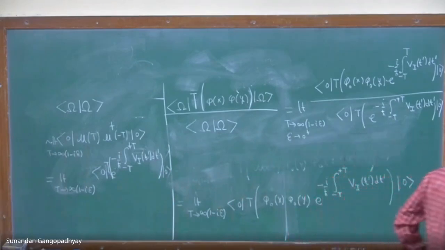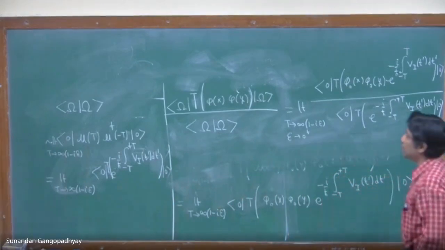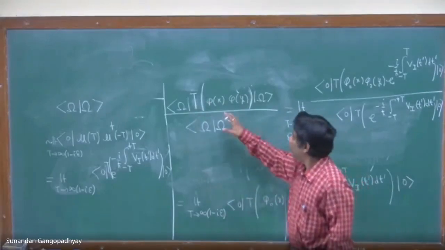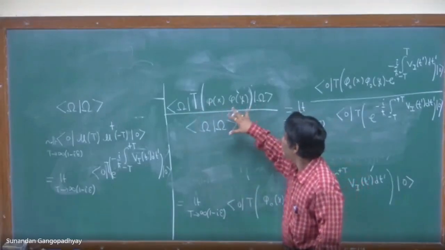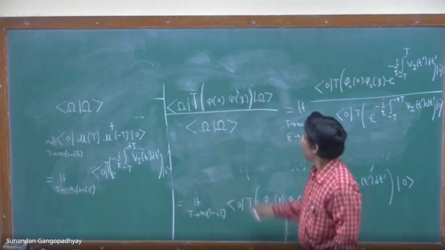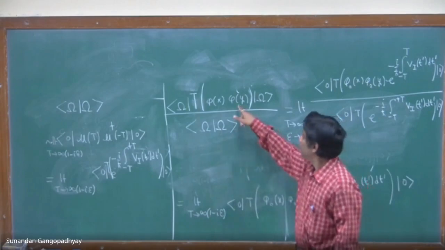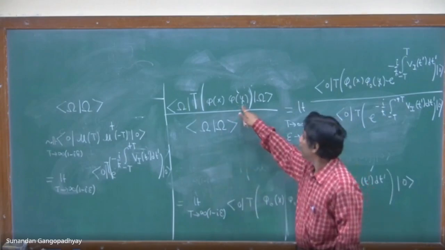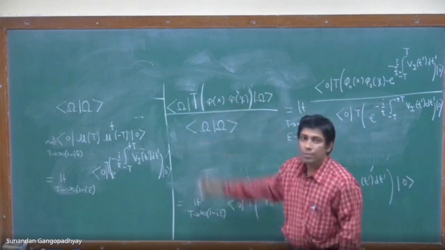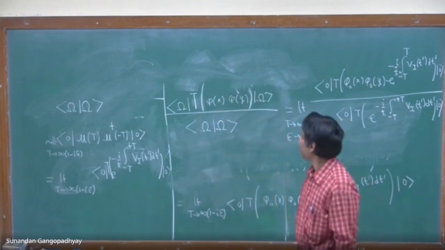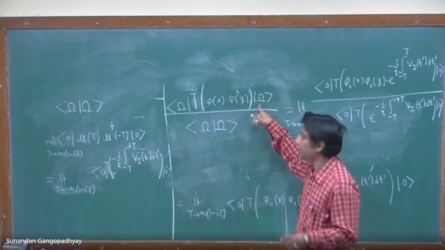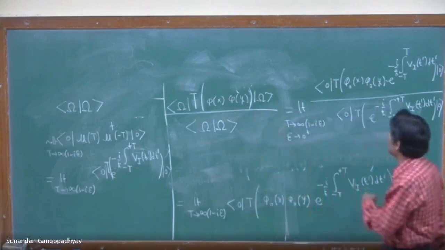This formula tells you that a propagator, or the probability amplitude for a field or a particle to propagate from a time, say y⁰, to a later time, say x⁰, in the vacuum of the interacting field theory, is basically given by this expression.